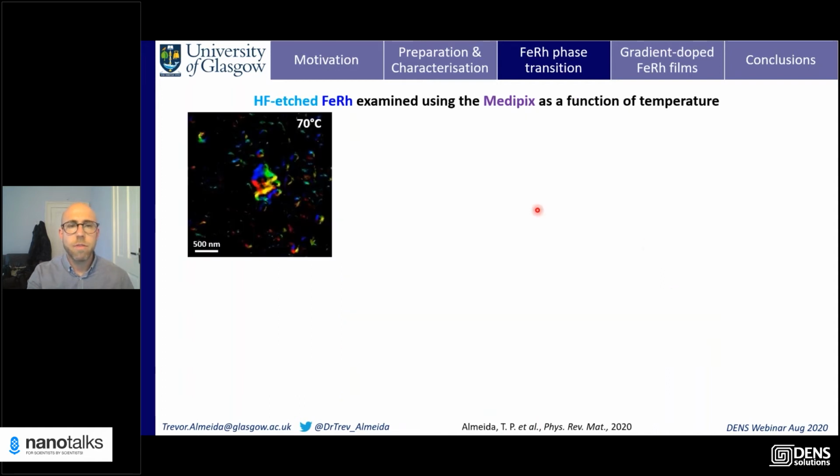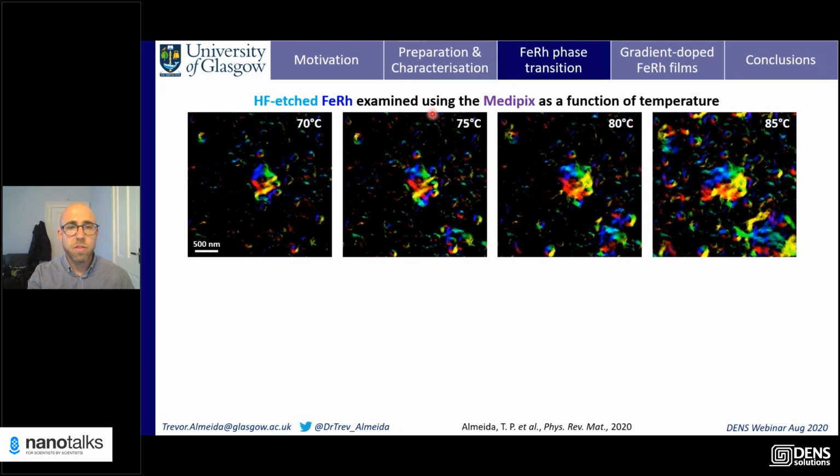So then we can try and follow this transition as a function of temperature, looking at the same sample. Here we've got the sample at 70 degrees. We can see a complex domain state with a few vortices around it and spuriously through the sample. As we increase temperature, we can see the nucleation and growth of the central spot or complex domain, as well as nucleation of new magnetic states. And this will happen as we keep on increasing temperature.